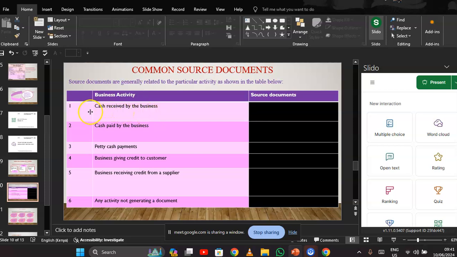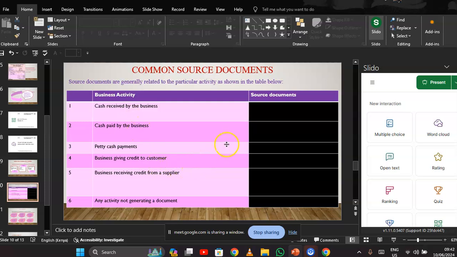For example, for activity 1, you can write a source document that is received when the business receives cash. Please, in your chart, include the transaction number, 1 to 6, for me to be able to identify which transaction you are talking about. For example, cash received by the business, you can talk of a receipt. So you just write 1 and then the receipt.